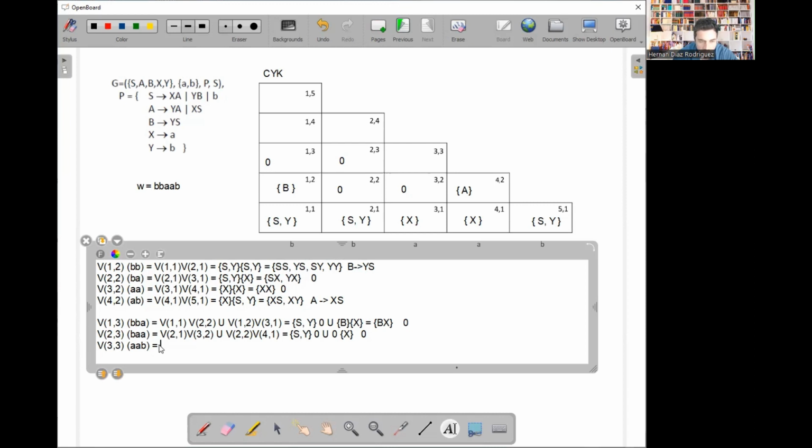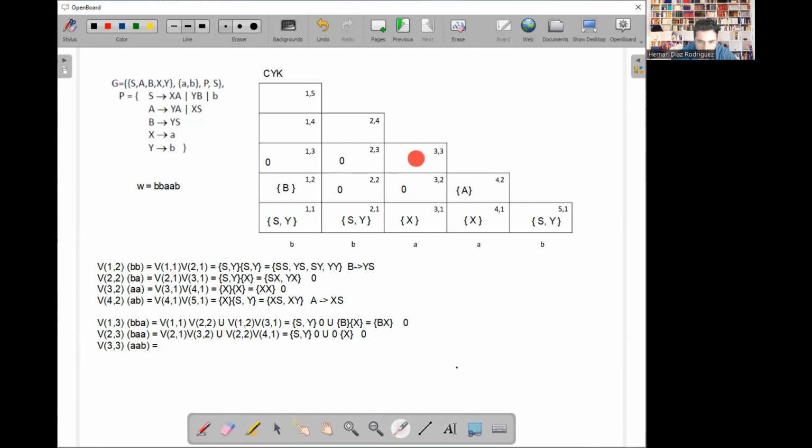Now the possible combinations to generate AAB are taking the first A and taking the other 2 characters, or taking the first 2 characters, AA, and then generating the last one.